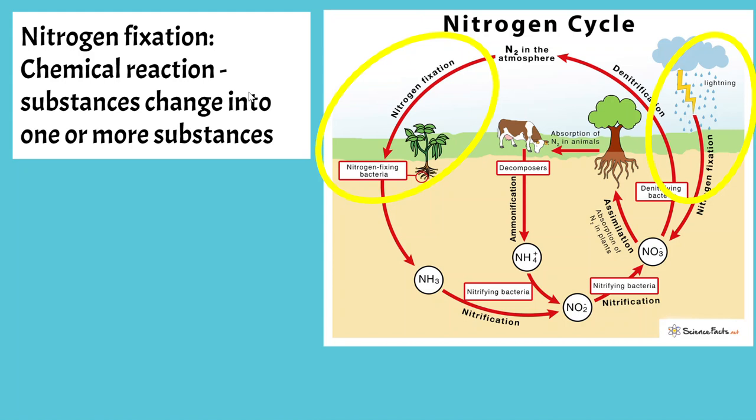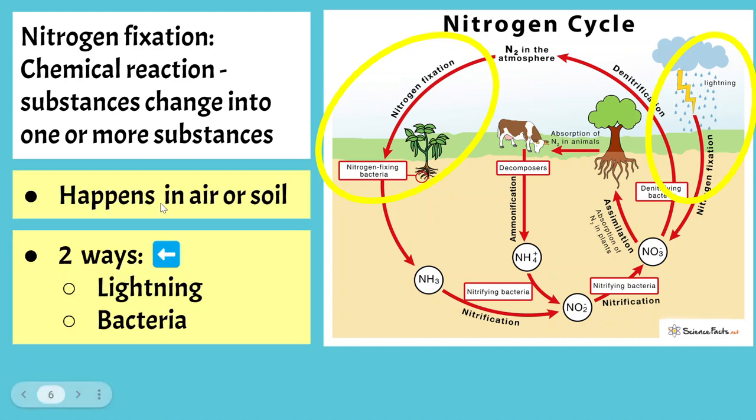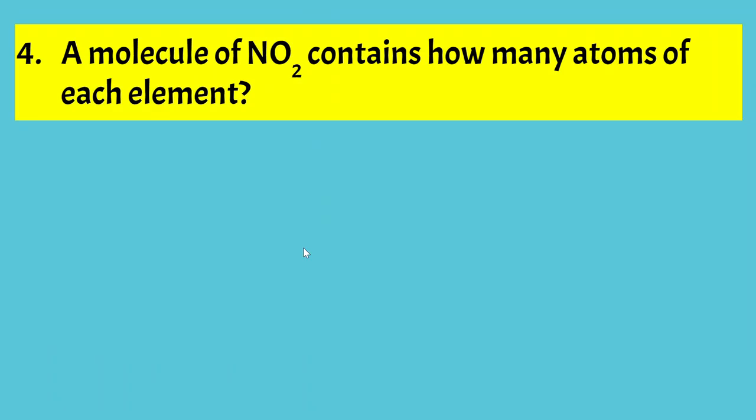So we have some reactants that go in, and we have a lot of energy that can make that change happen, and it will yield some different products, different arrangements of the atoms that went in. All right, it happens in the air if it's lightning. Over here, I lost my mouse. And it happens from bacteria, mostly in the soil, that's being demonstrated over here.